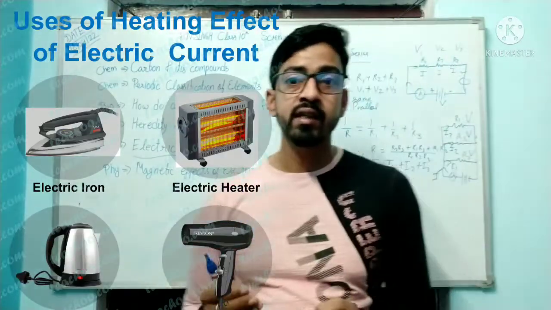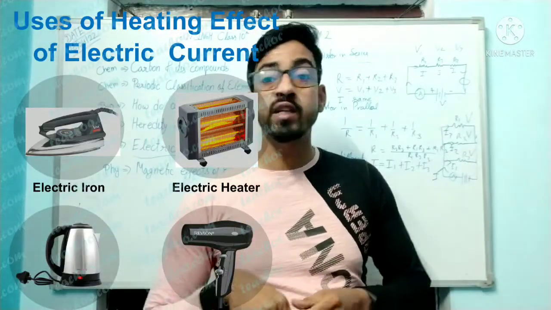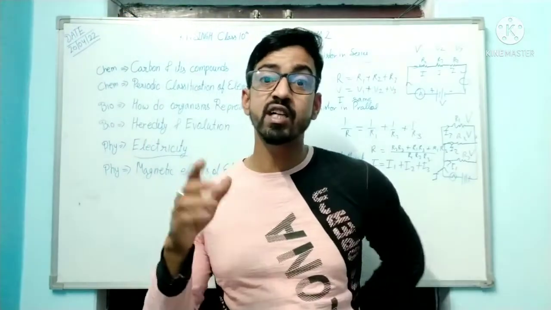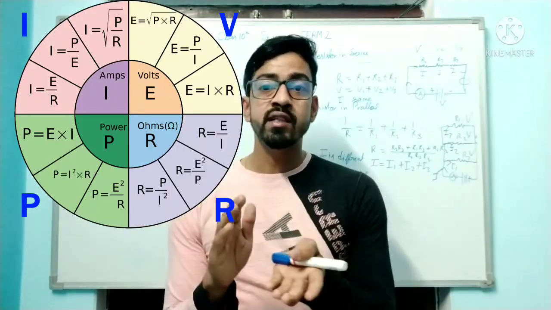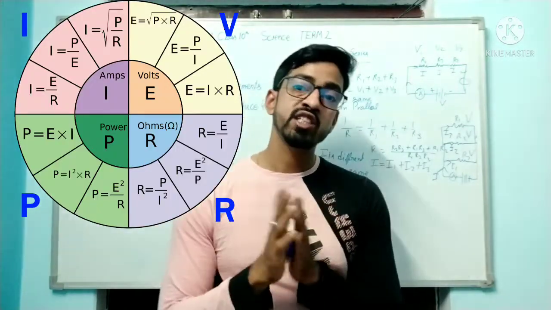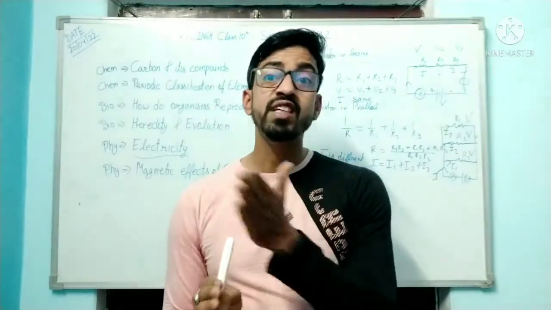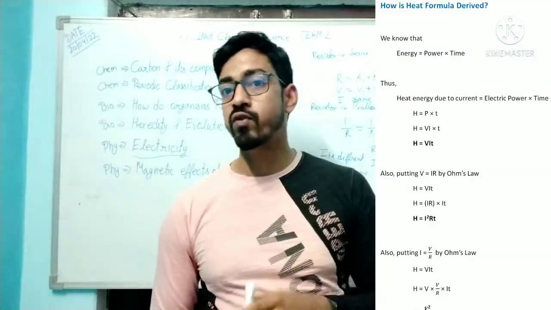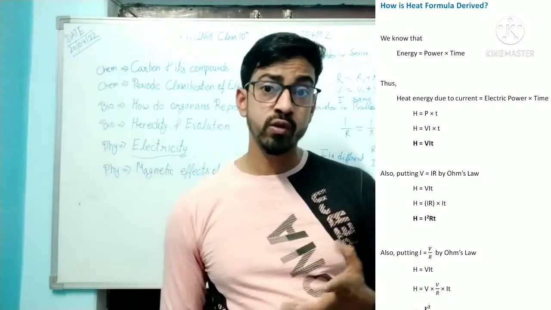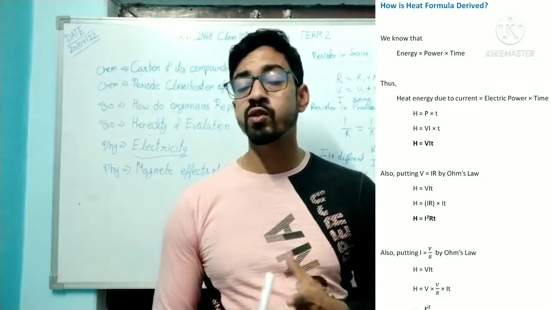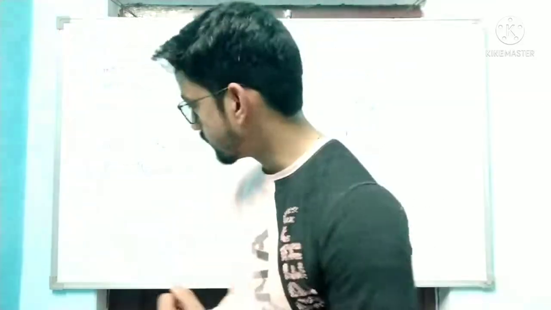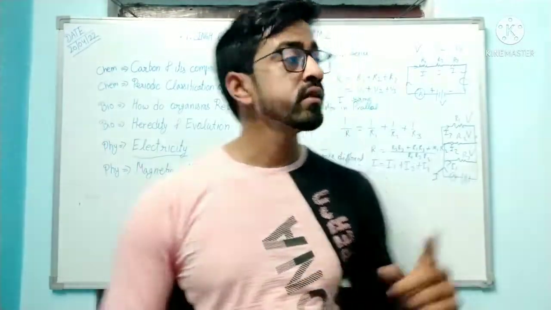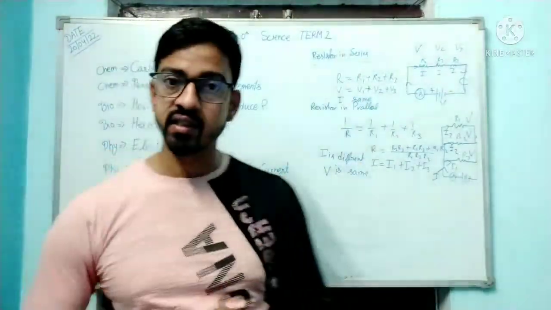What is power? Electric power is equal to P is equal to VI, and the heating effect, represented by H, is VIT, and there are different formulas which we will discuss and also solve numericals on in the next video.